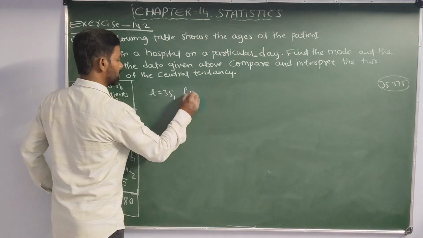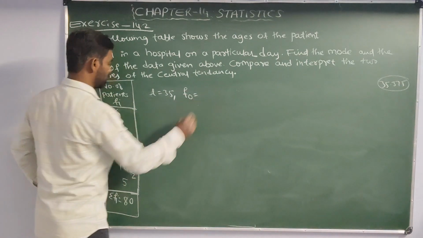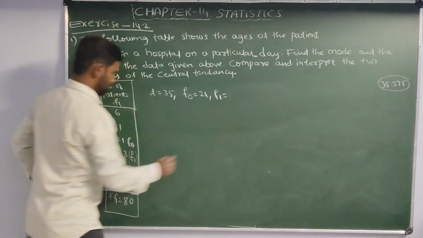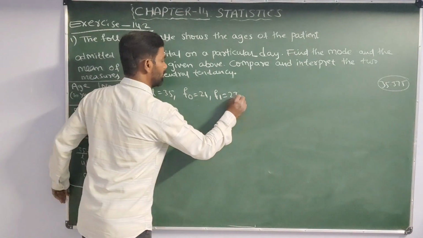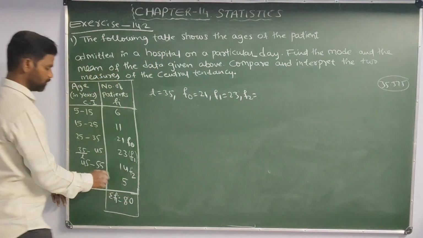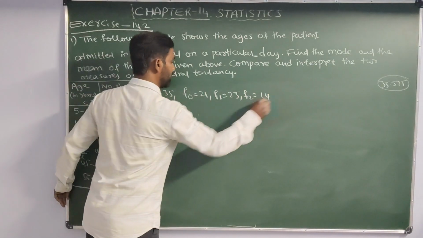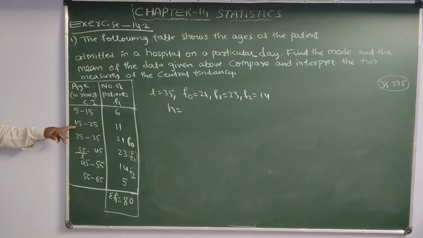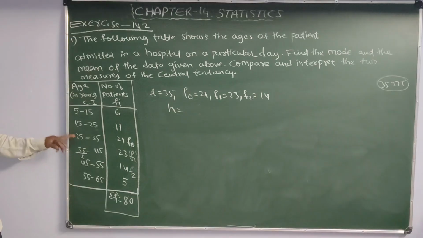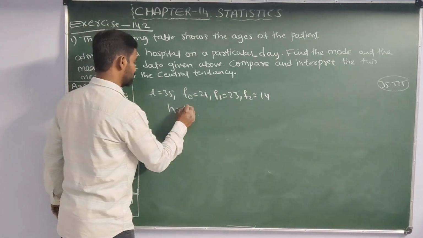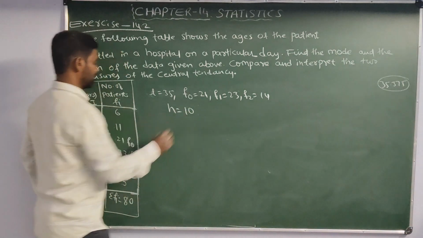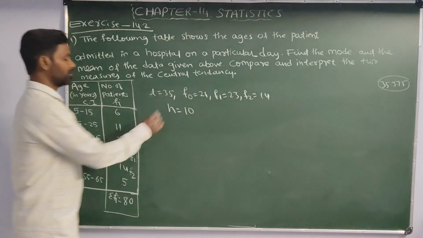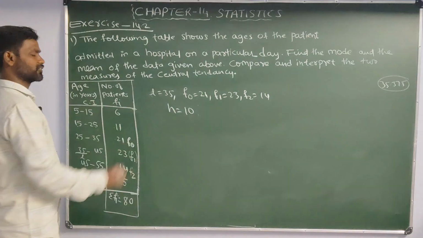F0 is 21, F1 is 23, and F2 is 14. Next, we have to write the H value, the class size: 15 minus 5 is 10, 25 minus 15 is 10, 35 minus 25 is 10. We got the class size also.